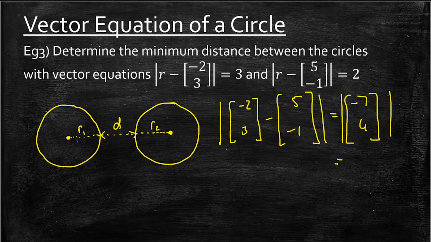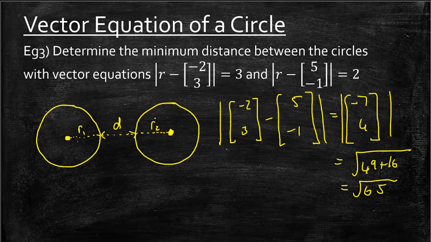And the modulus of that is going to be the square root of 49 plus 16, which is the square root of 65. So the distance from the center of the first circle to the center of the second circle is root 65. So we've worked that out.